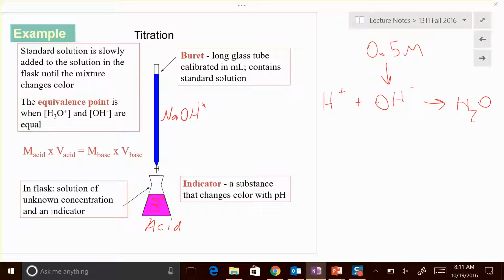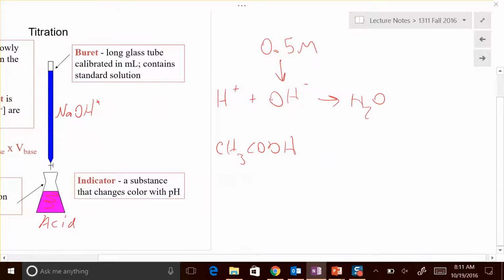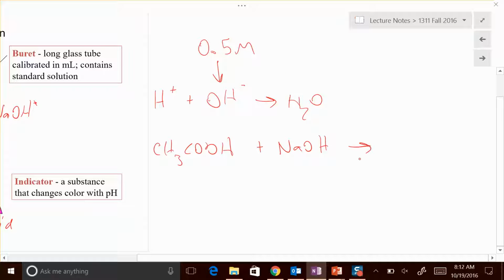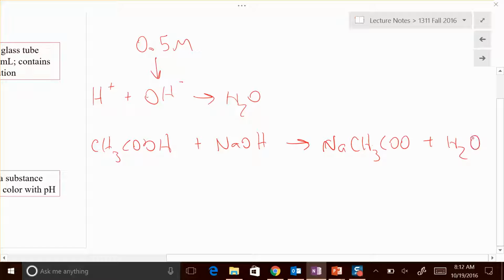But for other reasons, apart from complete neutralization, when you neutralize something like acetic acid, CH3COOH, with sodium hydroxide, let's say, it's going to become sodium acetate plus the neutral water, because you neutralized this hydrogen with this hydroxide.